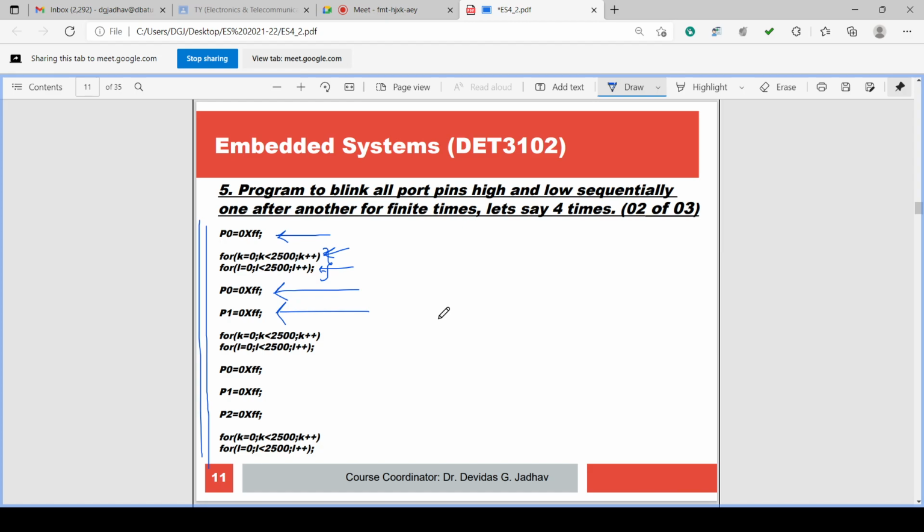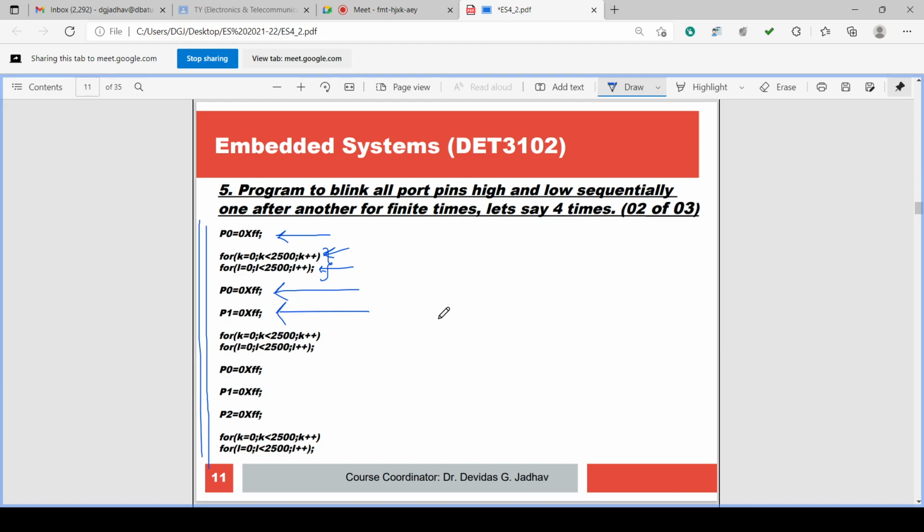Now 2 ports are outputted 1. So P0's 8 pins will have high logic, 5 volt, and P1's 8 output pins will also have high logic, or 5 volt, available.